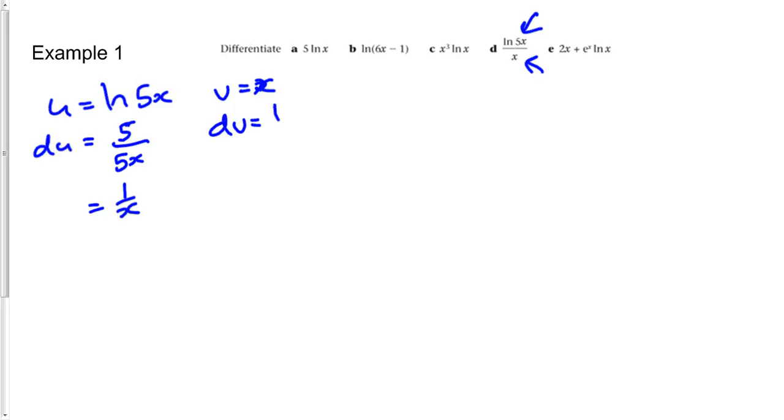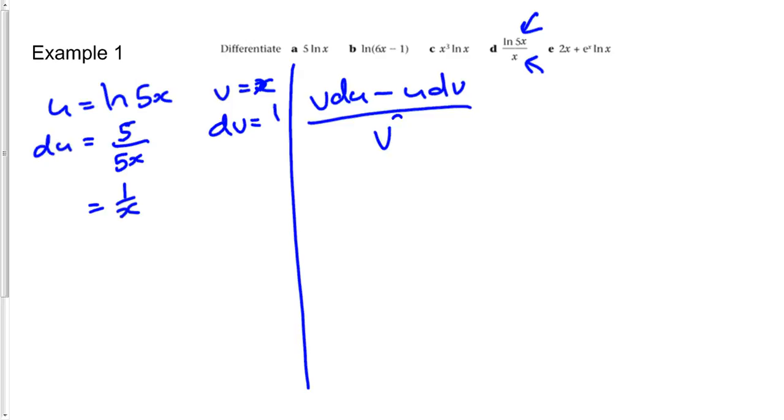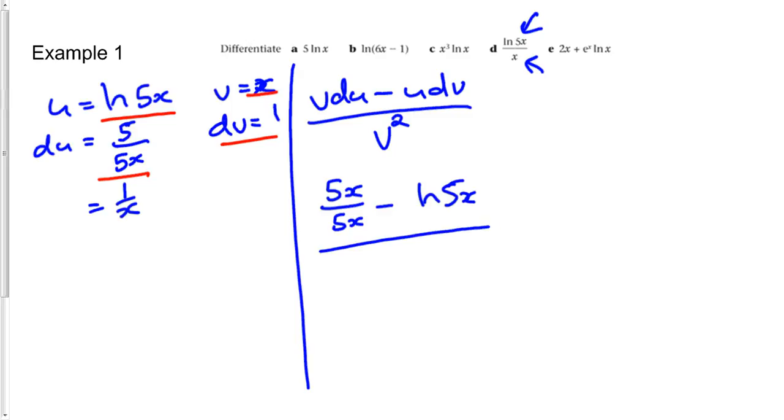So now, we've got the quotient rule, so we use v squared. No, we don't. Only joking. V du minus u dv all over v squared. So v du, we end up with 5x over 5x minus u dv, so that's minus log 5x times by 1, which just goes, and that's all over v squared, which is over x squared.